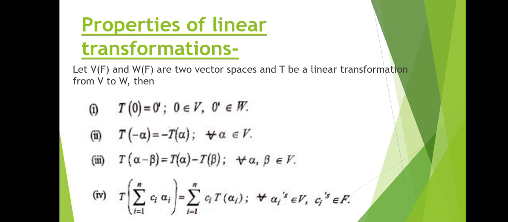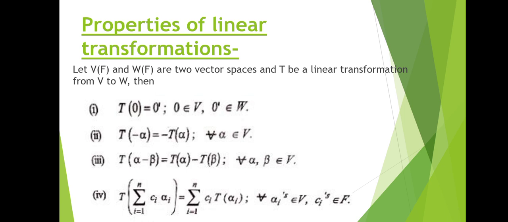Let V(F) and W(F) be two vector spaces and T a linear transformation from V to W. The first property says that T(0) = 0', where 0 belongs to V and 0' belongs to W. The second property is that T(-alpha) = -T(alpha) for all alpha belonging to V. The third property says that T(alpha - beta) = T(alpha) - T(beta) for all alpha, beta belonging to V.